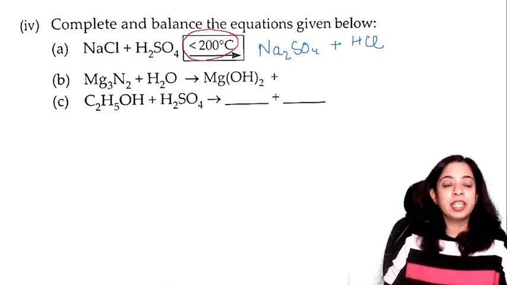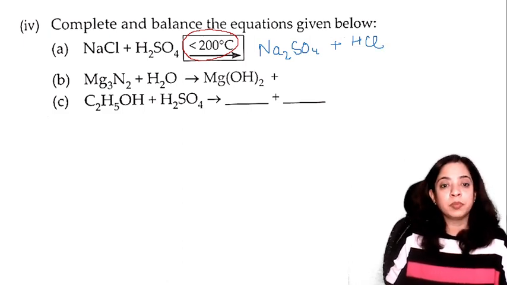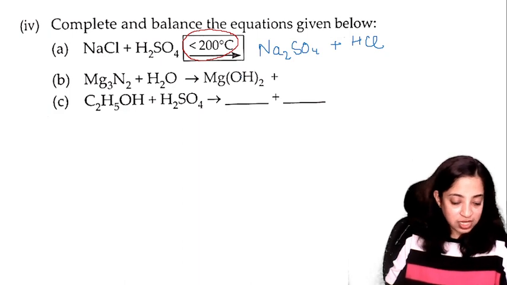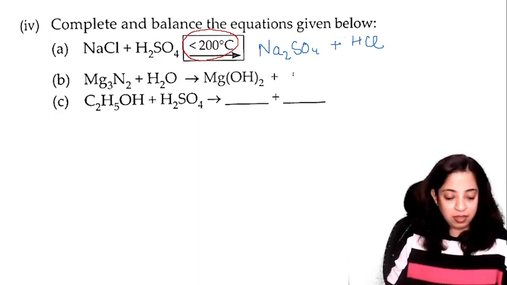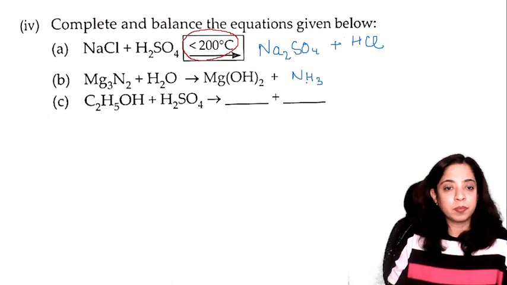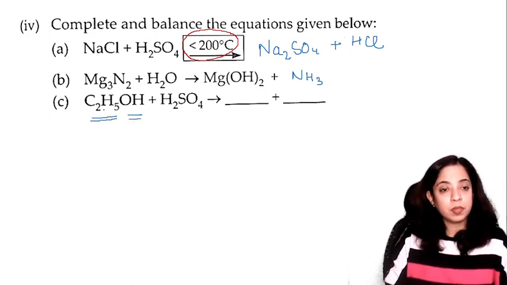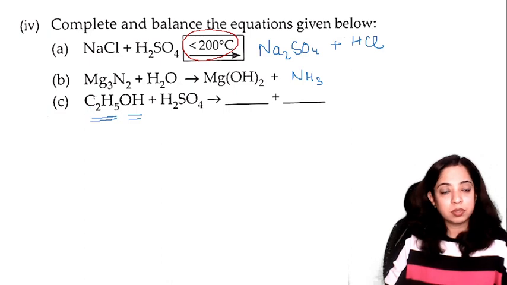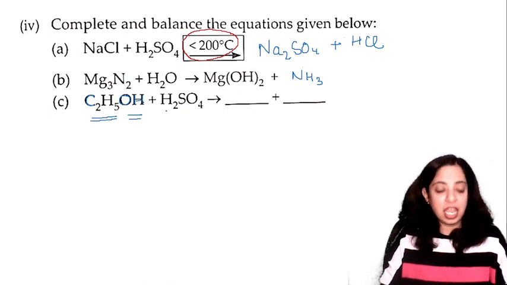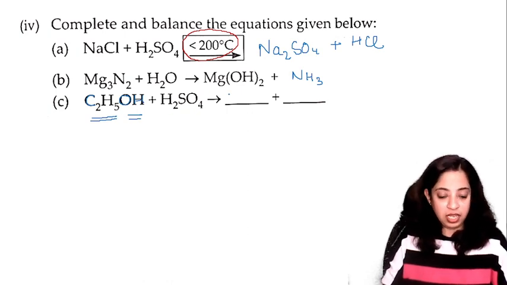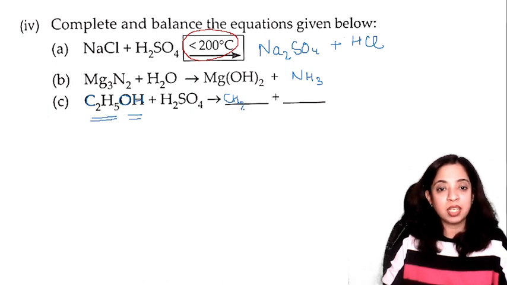Now, magnesium nitride plus water gives magnesium hydroxide and ammonia. Just see if it is balanced. Yes, it is. Now this is 2 carbon atoms, and this is OH, ethanol plus H2SO4.